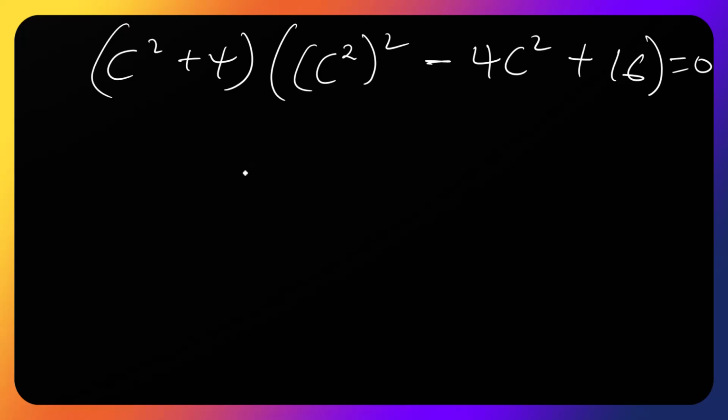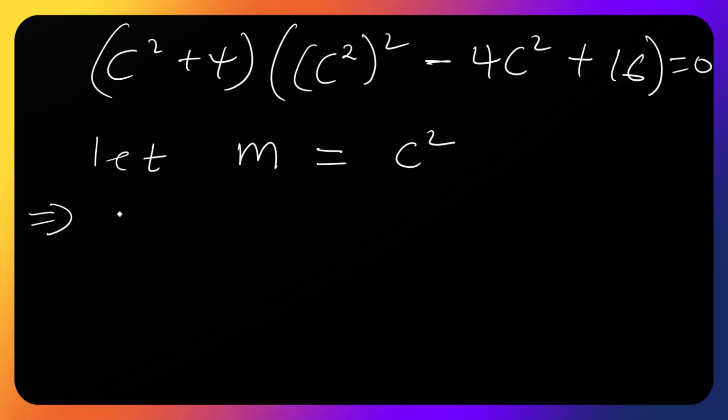Now let's be very careful here. We have c squared here, so can we take it out? Let m be c squared.